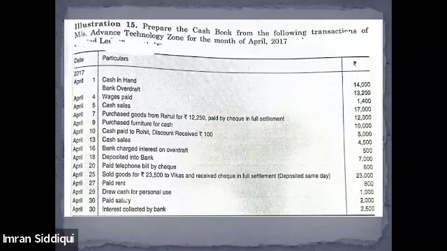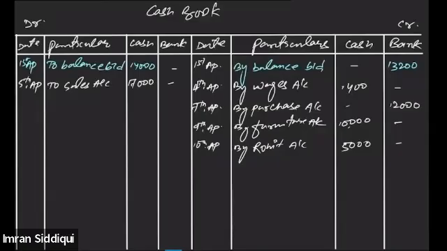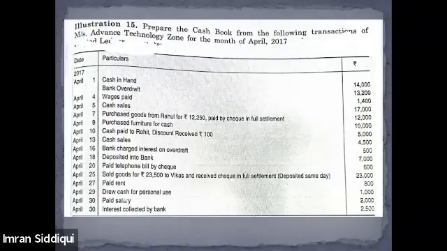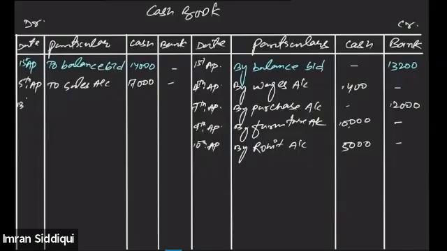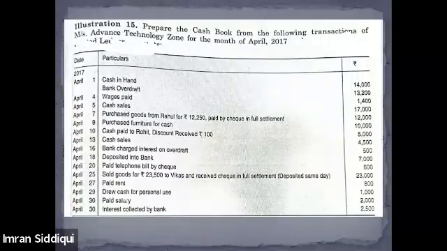Then the next transaction took place on 13th, wherein we made the cash sales of 4,500. So 13th of April, to sales account, again 4,500, because nothing is mentioned, so we will presume that we must have made the sales on cash basis.